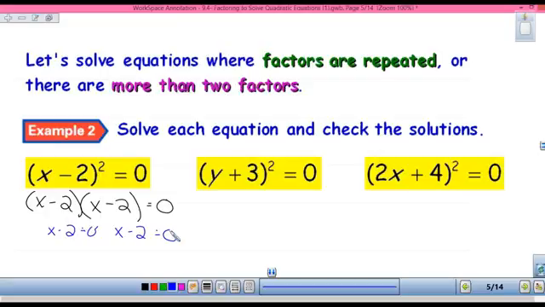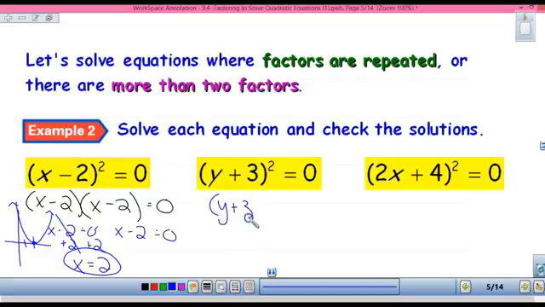Yes, so I just have to do one of them. So plus 2, so x equals 2. Just x equals 2, because this is the case where my vertex is at the 2 and it only has one solution.